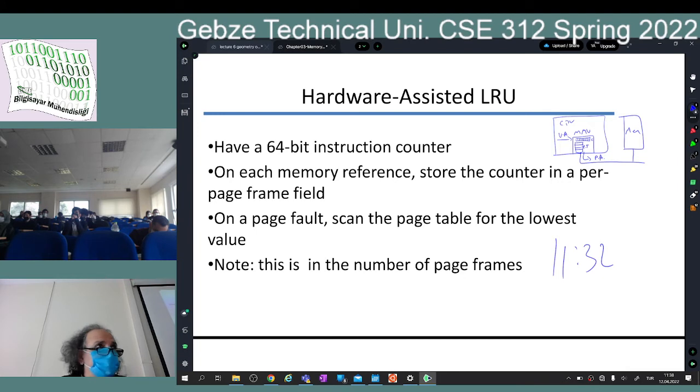Hardware assisted LRU, but the downside is, of course, I need hardware support for this. The nice thing is, since it is supported by hardware, it is done automatically. I don't need to do much about incrementing the counter and updating the page table. This is all done by the hardware. That's nice, but again, I need the hardware help.